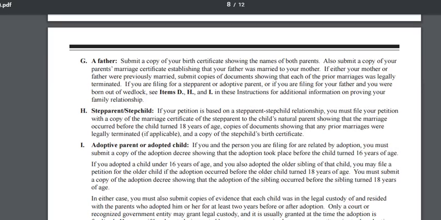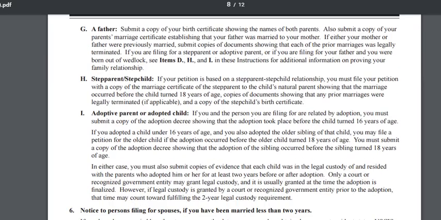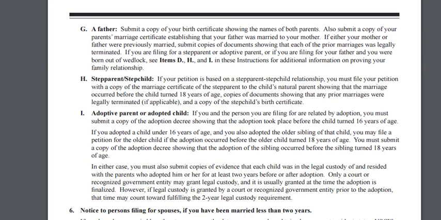Okay, so this is for a stepchild. You understand stepchild, stepparent. What can prove that a child is your stepchild? First of all, a marriage certificate to one of his parents, as well as the birth certificate of the child. That's the document.